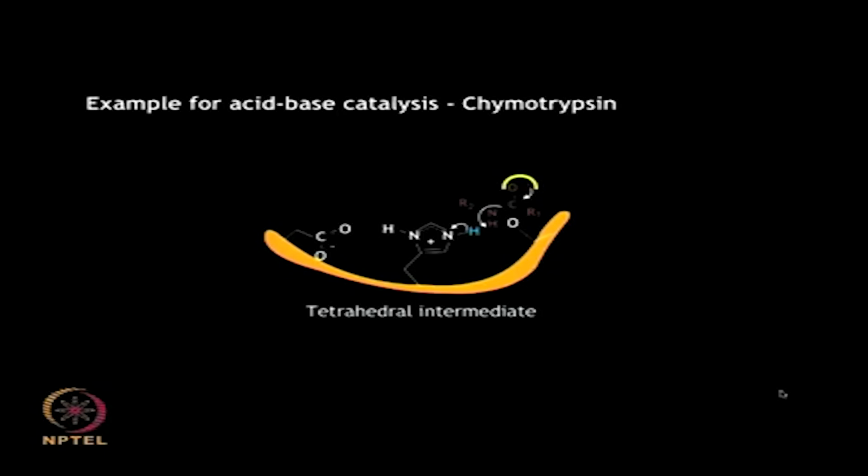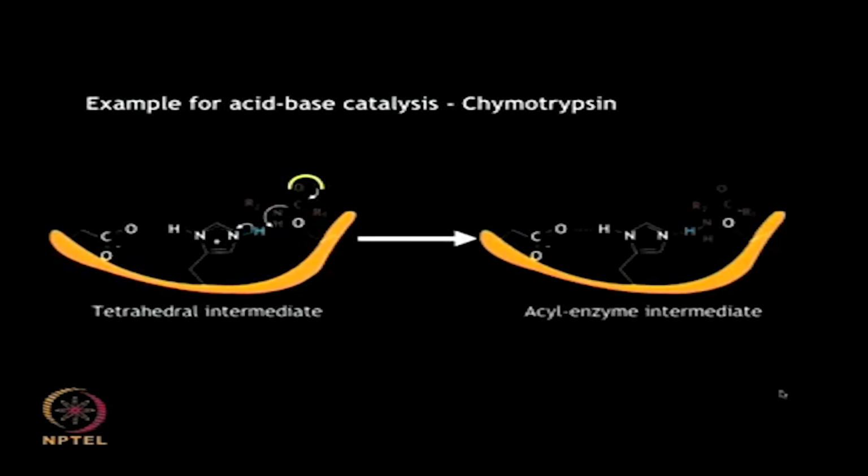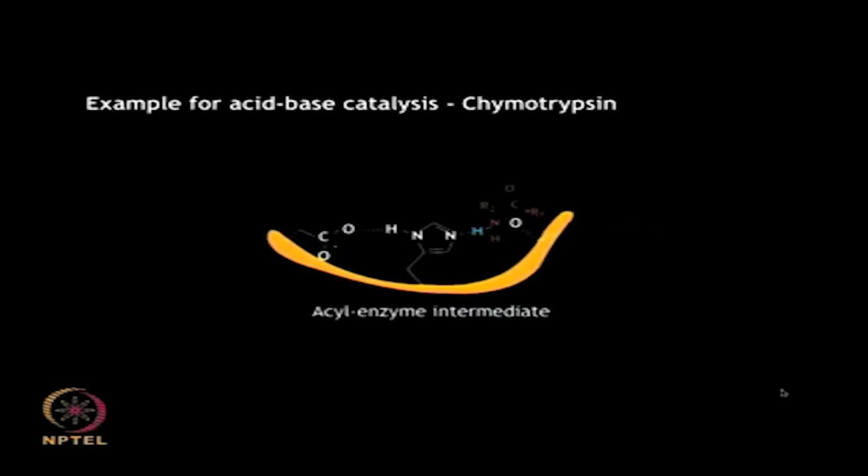Following substrate binding and nucleophilic attack of the serine on the carbonyl group, the geometry of the intermediate becomes tetrahedral and the negative charge developed on the carbonyl oxygen gets stabilized through interaction with other side chains of the protein in a site known as the oxyanion hole.